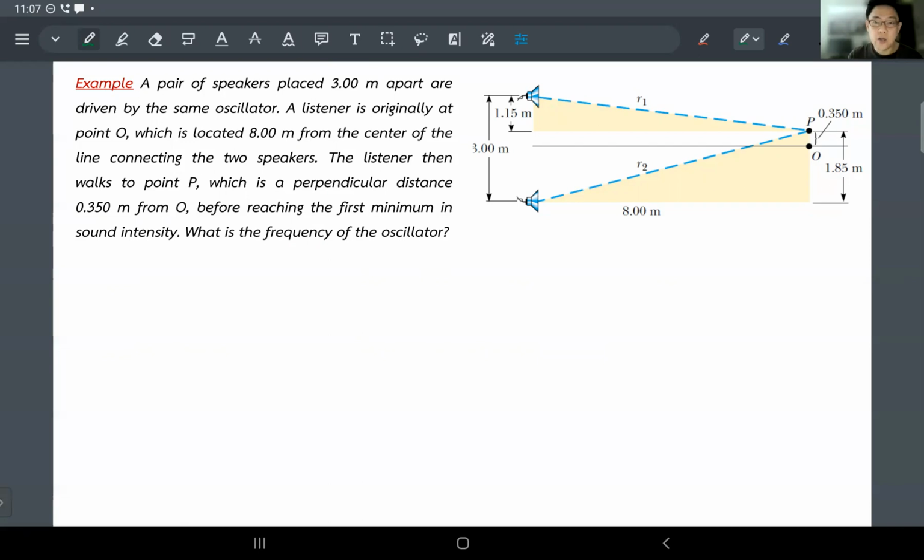All right. So this one is more realistic, right? Because this is something that you can actually do in a real world setting. Because if you have two speakers, you can just plug them into your smartphone, download a frequency generator, and generate a fixed frequency sound, and then you can actually hear the sound coming out of it.